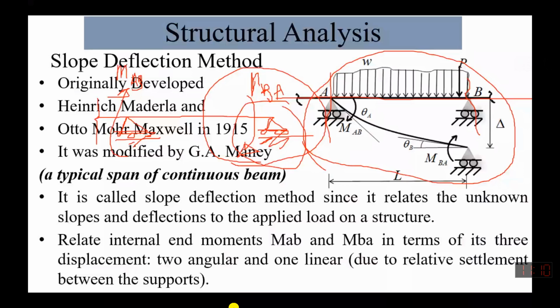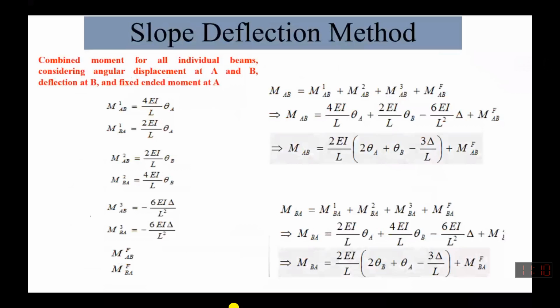So it means this expression we have derived, we can simplify it for the span where our far end is roller or pin. So this we are going to derive in the next part of our lecture.